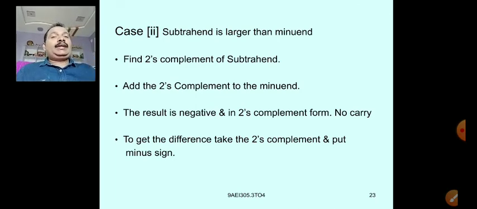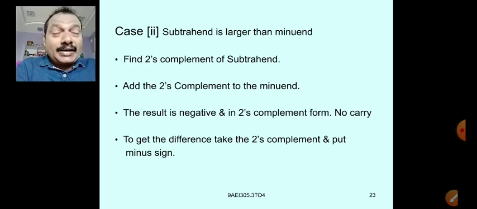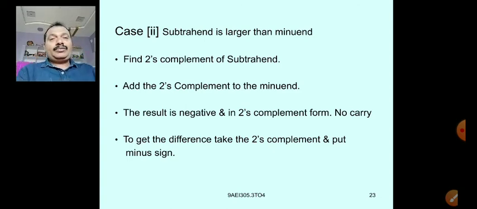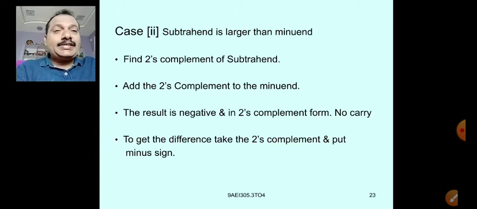That means the negative number will always come in this process, represented as a 2's complement number. To get the actual result, you have to 2's complement that negative number once again. So this is the case 2 situation.